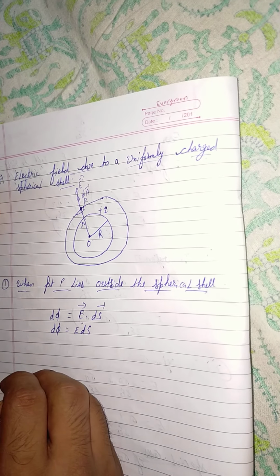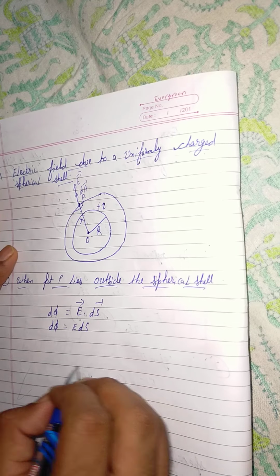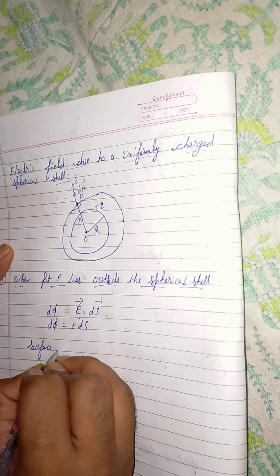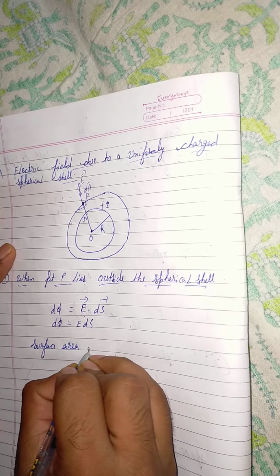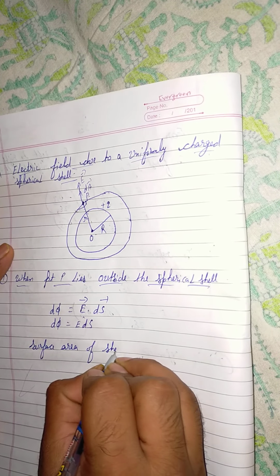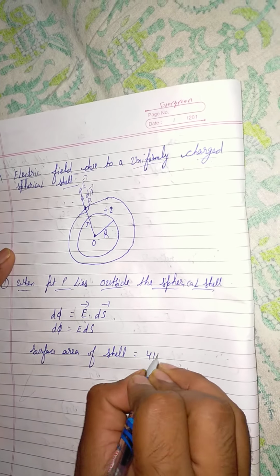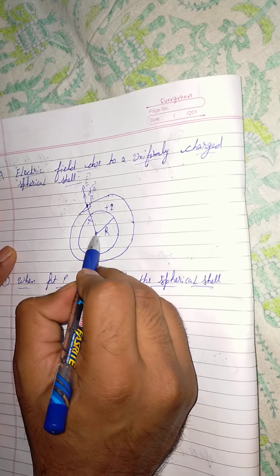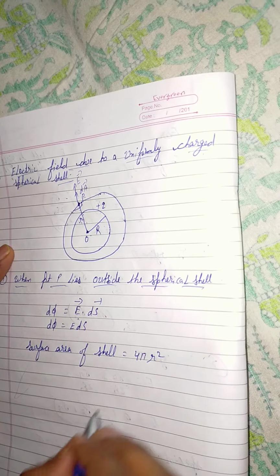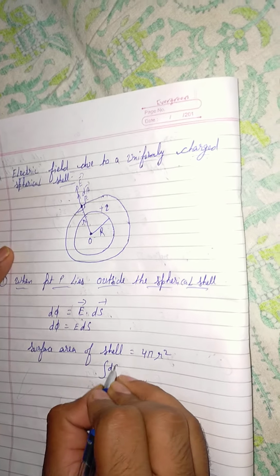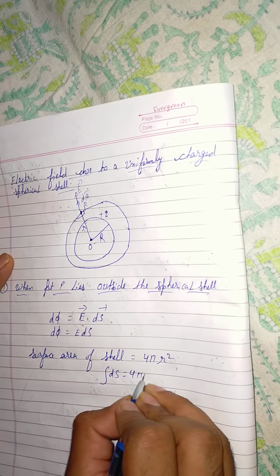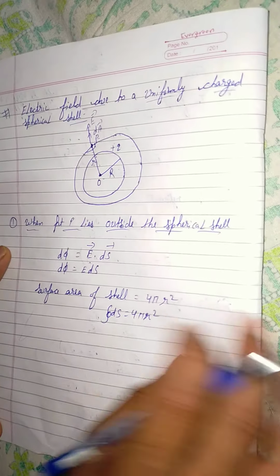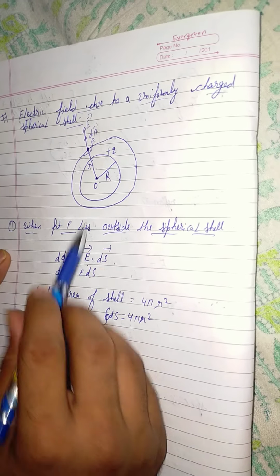The surface area of the spherical shell is 4 pi r square, where the distance from O to P is small r. This is a closed surface. So this is for that small surface.